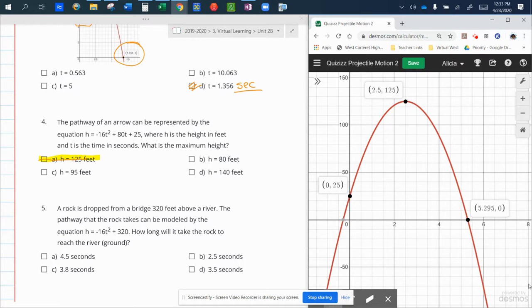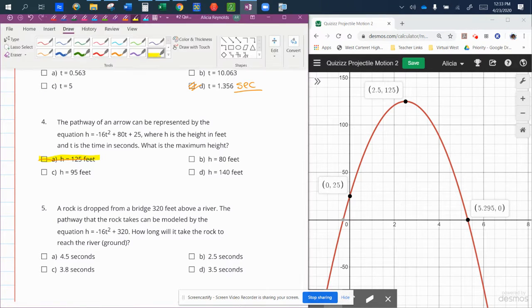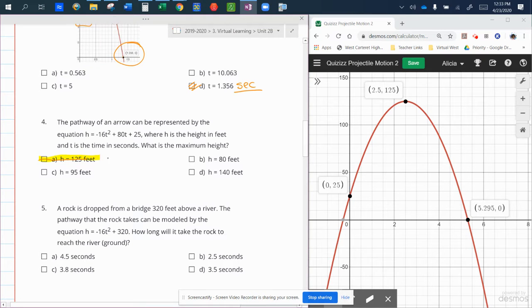Looking at the equation, h equals negative 16t squared plus 80t plus 25, I know that my initial velocity is 80 and my initial height is 25.